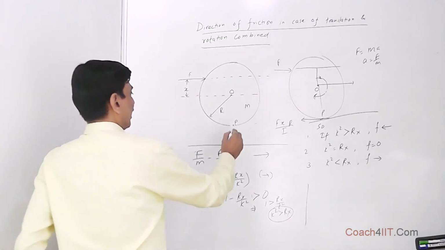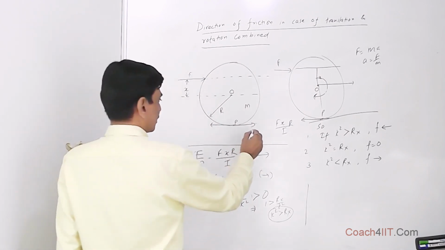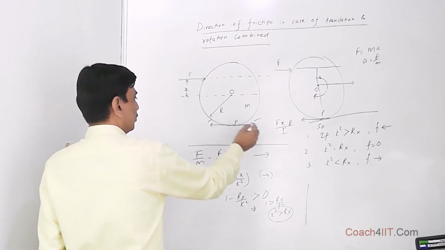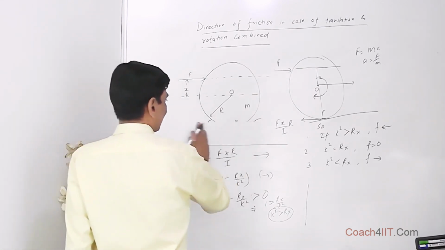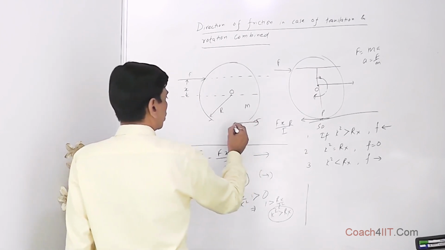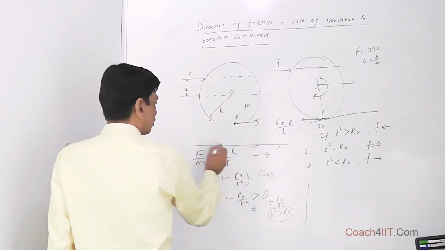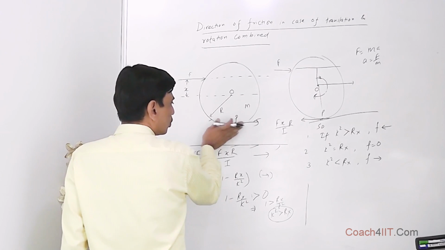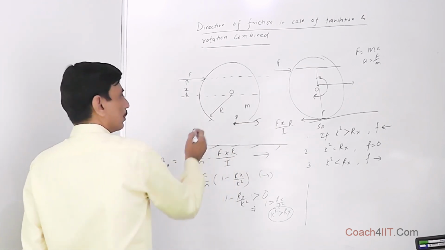So over here you will find two accelerations: one because of translation, the other because of rotation, and you can find out which one is bigger. If ultimately the net acceleration comes out to be in this direction, it means this point P has a tendency to move in this direction over the surface, so the friction force will be in the opposite direction.